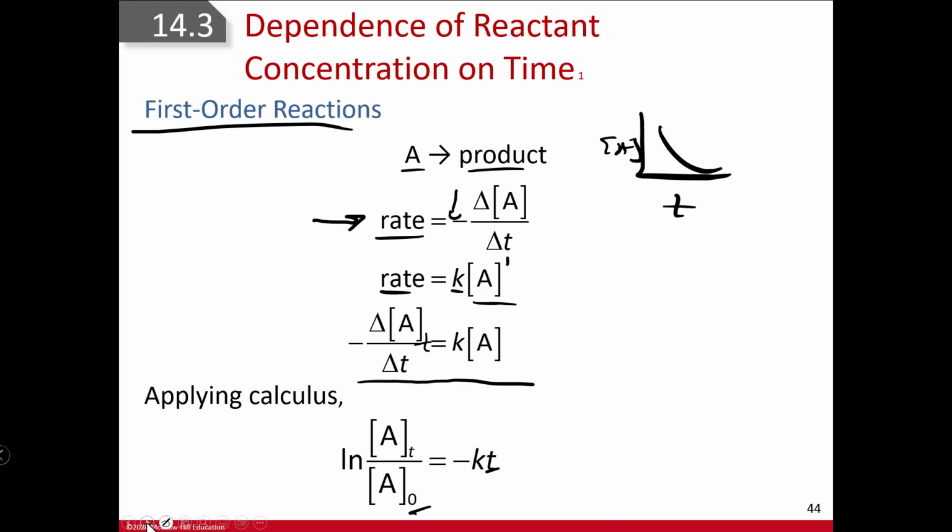If you know how to do the calculus from here to here, you're in great shape. That's why you take calculus. If you don't, you're just going to memorize that equation here. This is the first order equation. You have to memorize that.